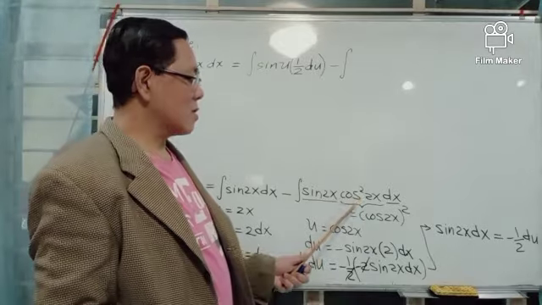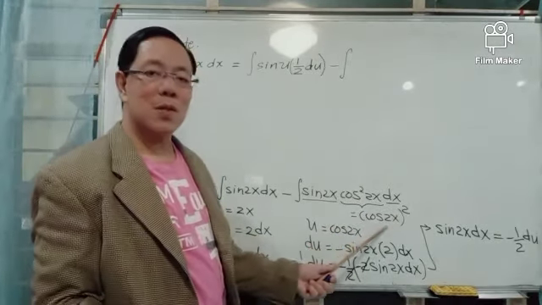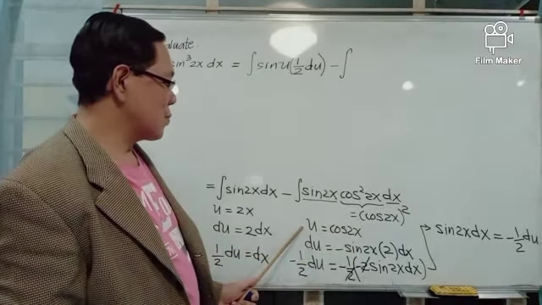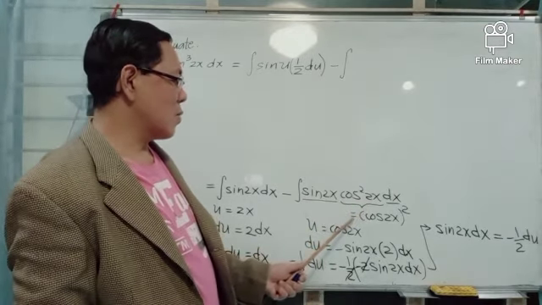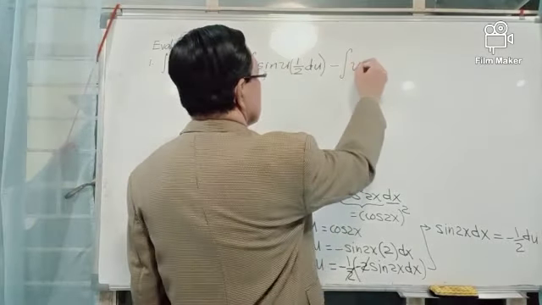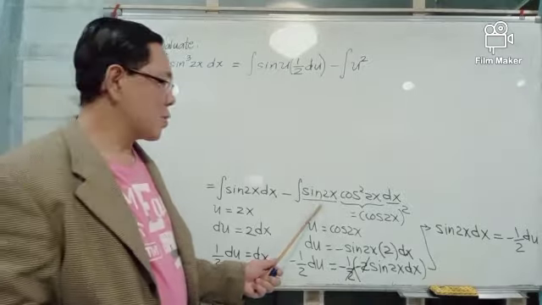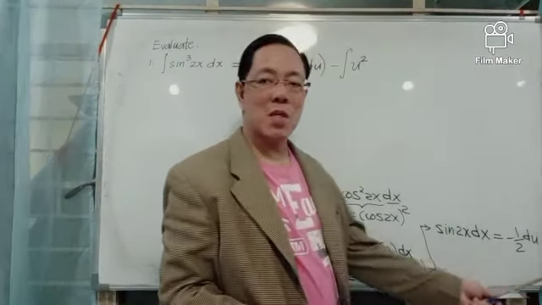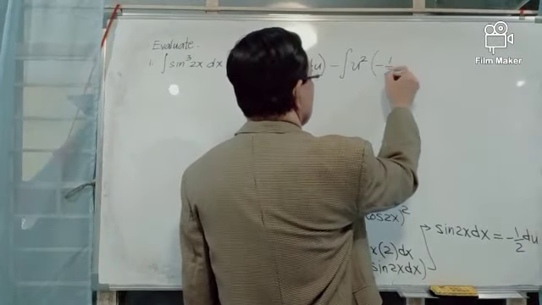This is cosine squared 2x, which is equal to the square of cosine 2x. But we let cosine 2x be equal to u. Hence, cosine squared 2x is equal to u to the power 2, or u squared, multiplied by sine 2x dx, which is equal to negative 1/2 du.